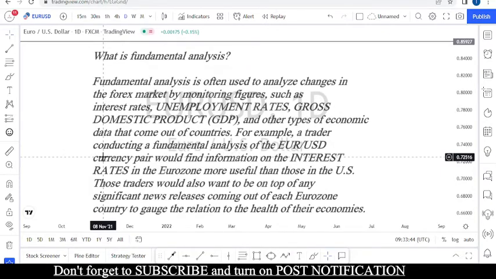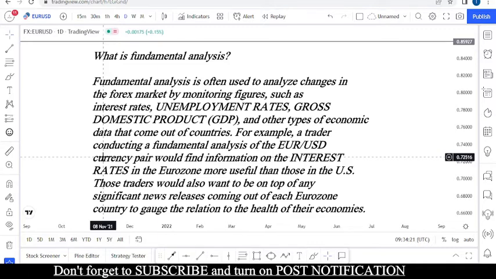Then a fundamental analyst understands the economic situation of a certain country, gauging it through their news releases, whether it be the unemployment rate, interest rate, the GDP, the consumer price index, all those big news events, right? A fundamental analyst wants to understand the economic situation of that particular country to be able to trade the currency pair, or to trade that particular currency.